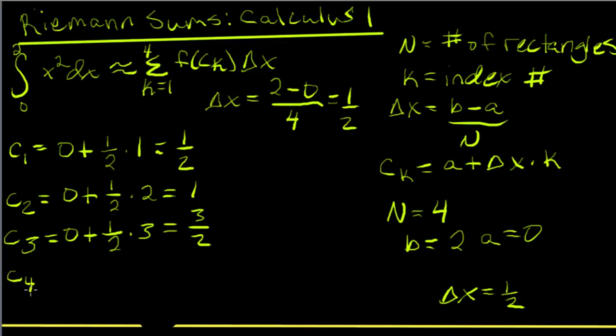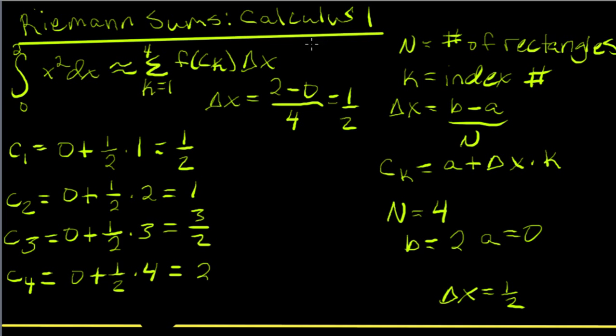Now our fourth and final index, because we have 4 rectangles, it's going to be a, which is 0, plus 1/2, which is delta x, times 4, which is our index, and so 0 plus 2 is 2. So now we have to evaluate f of ck at each one of these c's.